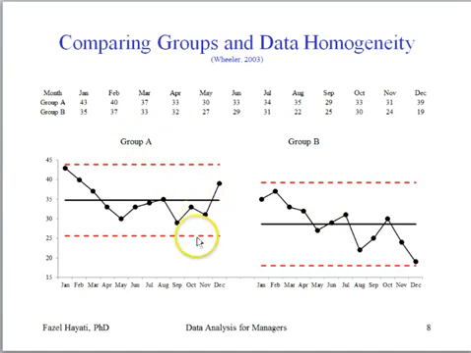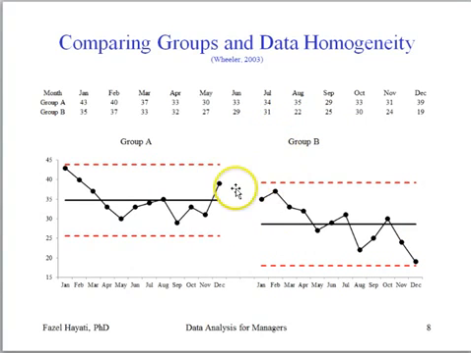Here is the control chart for group A, and here is the control chart for group B. In both cases, separately, group A is in statistical control and group B is in statistical control. Group A manifests random variation and group B manifests random variation.